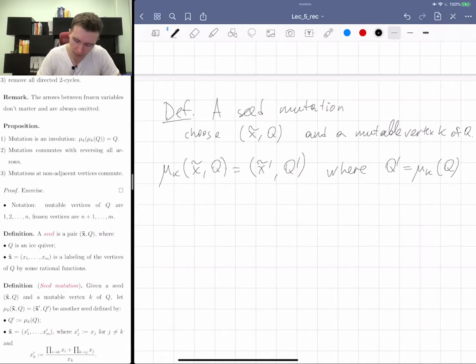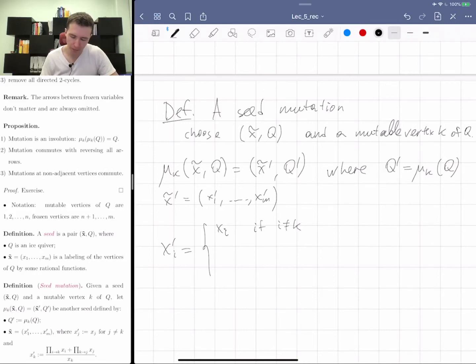And x tilde prime is another family of rational functions, x1 prime all the way up to xm prime. I'm only going to change one of these. So xi prime is going to be equal to xi if i is not equal to k. So I preserve all but one of these labels, but the kth one changes non-trivially.